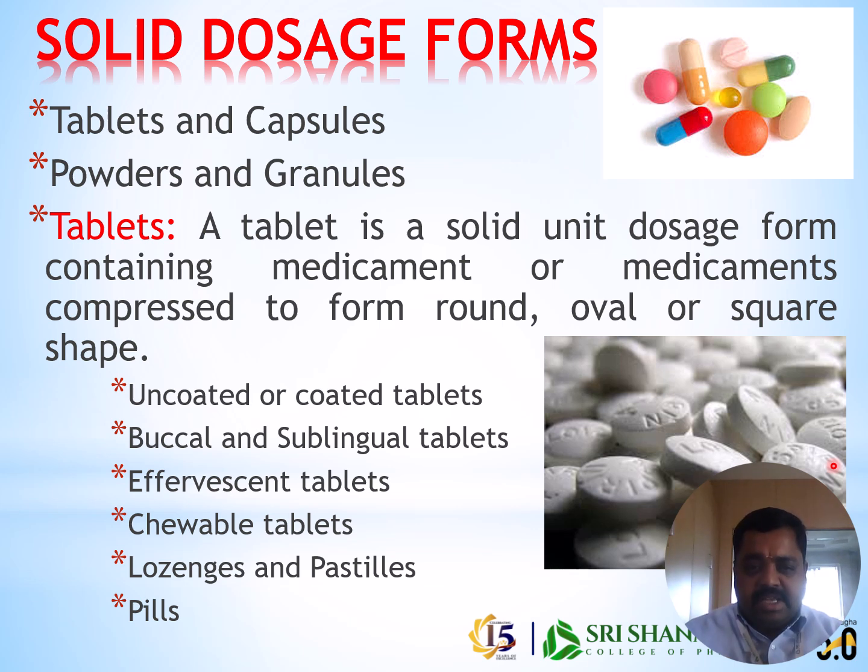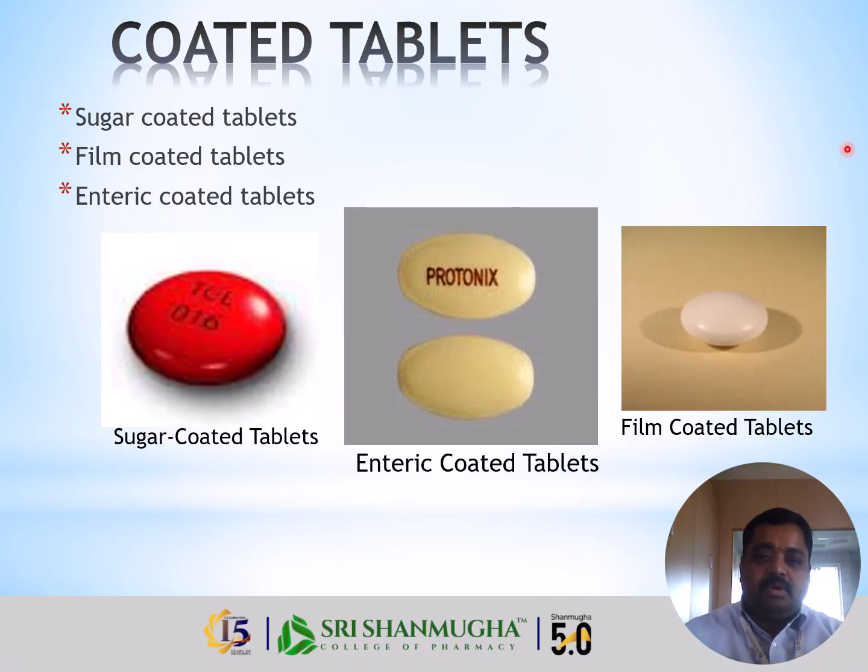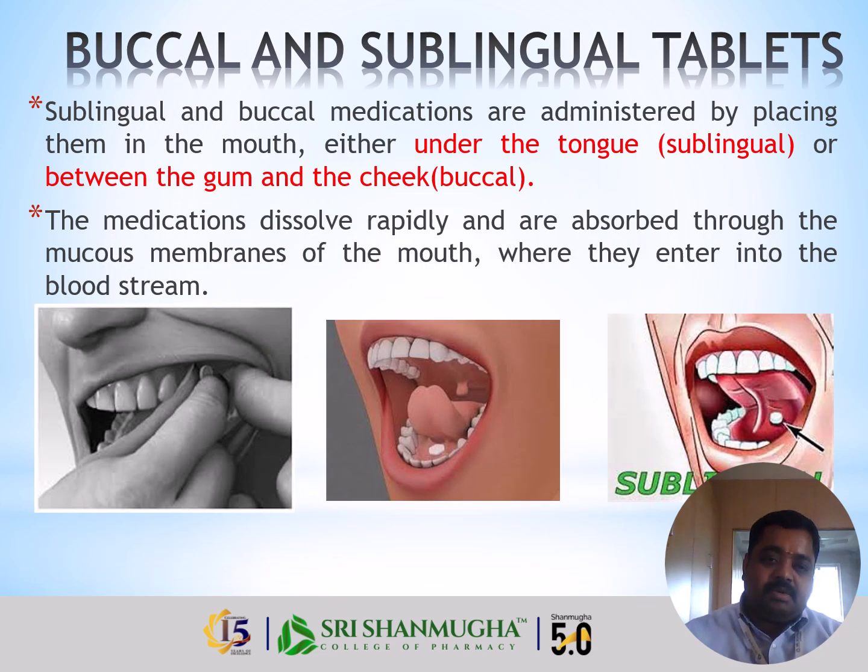It is further classified into uncoated or coated tablets, buccal and sublingual tablets, effervescent tablets, chewable tablets, lozenges, patches, and pills. Coated tablets include sugar coated, film coated and enteric coated. I have included a few pictures of the coated tablets.